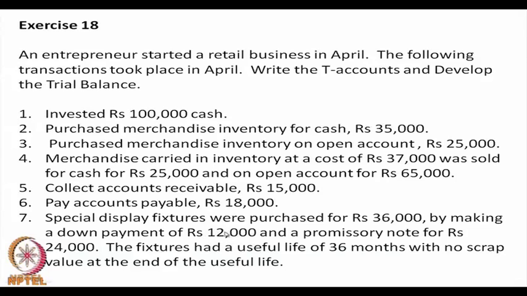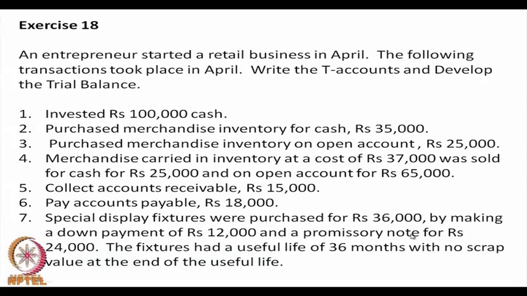So, cash position reduces, the entry will be made in the credit side, and he gives a promissory note. This is called notes payable. So, he creates therefore an account called notes payable. It is like accounts payable, but separately written because he is giving a promissory note. Normally, such an account is called a notes payable account.